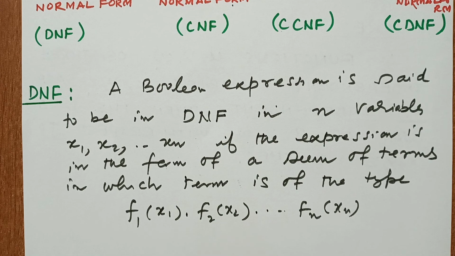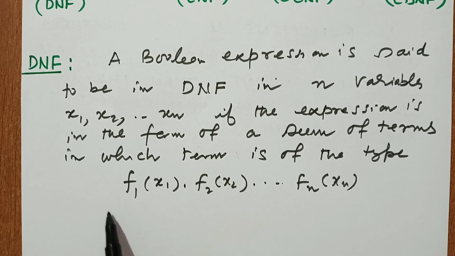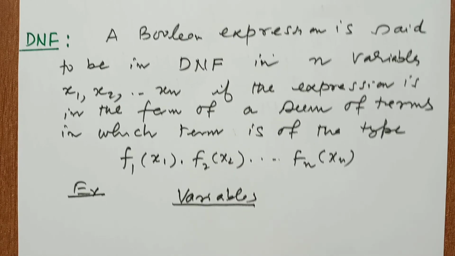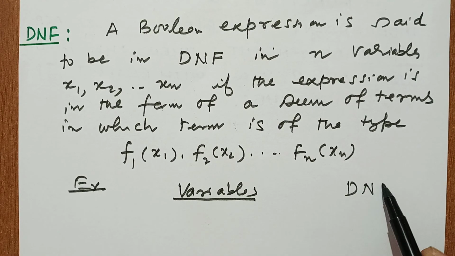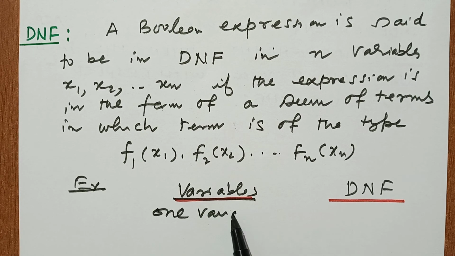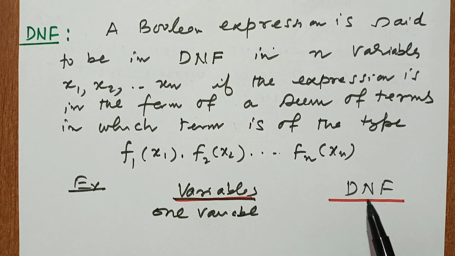For example, example for one variable, and here DNF. Okay, so we will explain for one variable, two variables and three variables. So for one variable, disjunctive normal form x plus x dash.